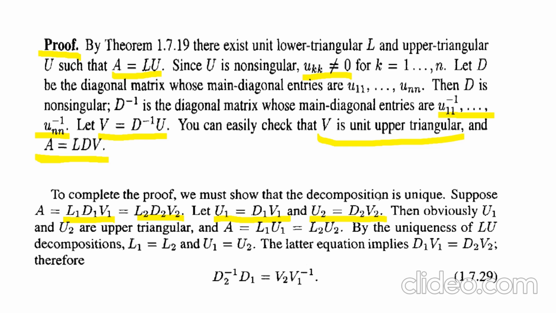U1 and U2 are upper triangular matrices, and A is equal to L1 U1 and A is also equal to L2 U2. By the uniqueness of LU decomposition, which we have already proved, L1 will be equal to L2 and U1 will be equal to U2, because we have jumped into the decomposition A is equal to LU, and we have already proved that this decomposition is unique.